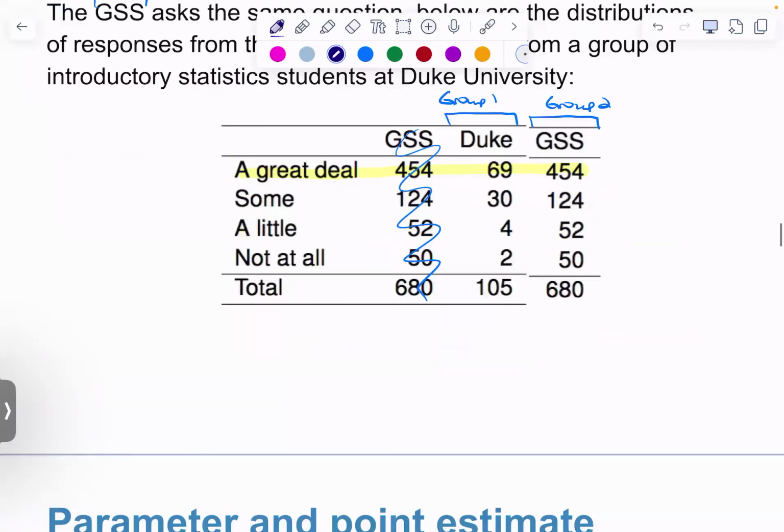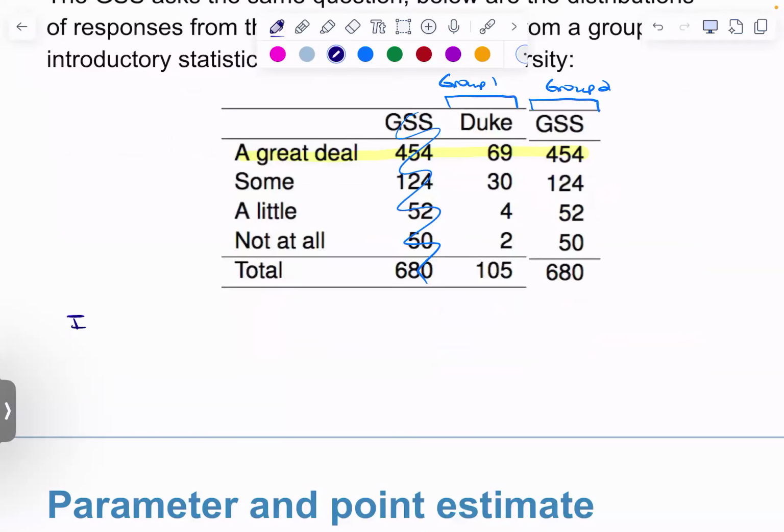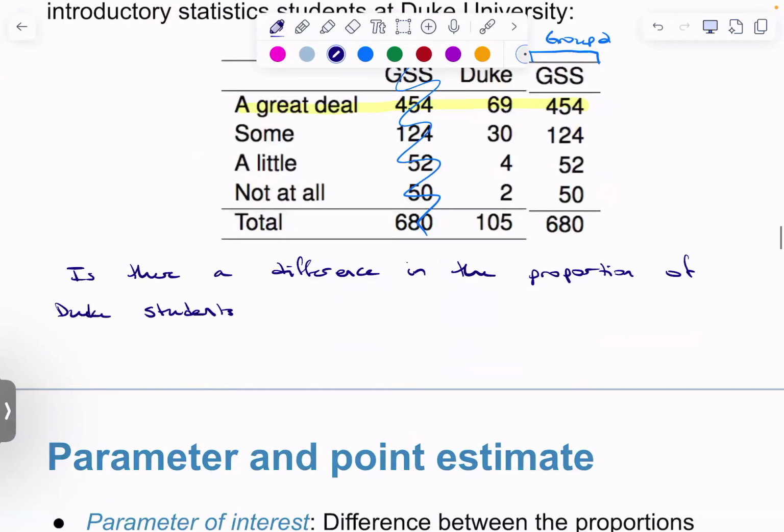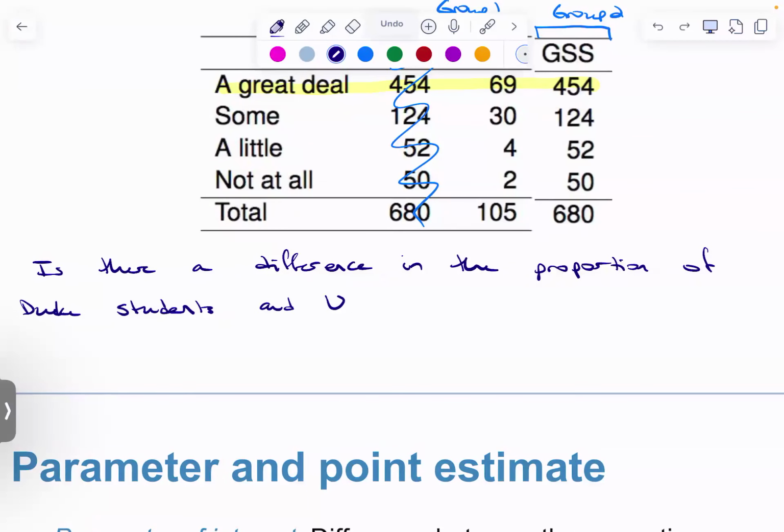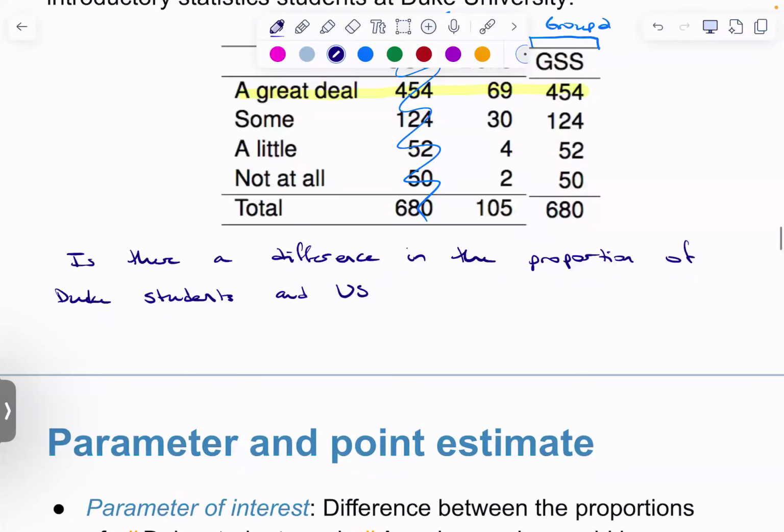Let's see here. We want to know, is there a difference in the proportion of Duke students and US adults who answered a great deal?